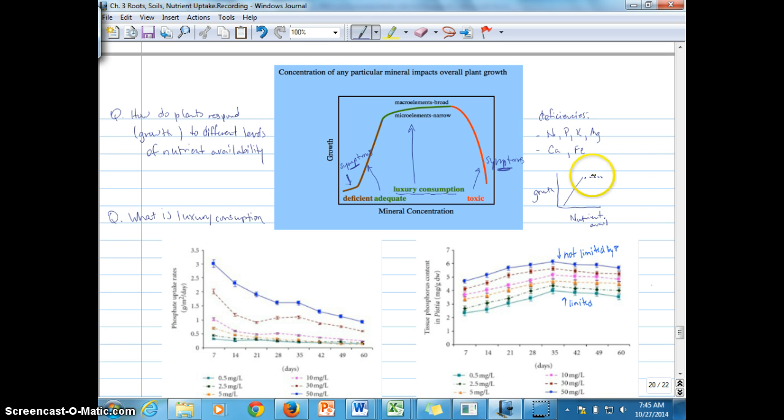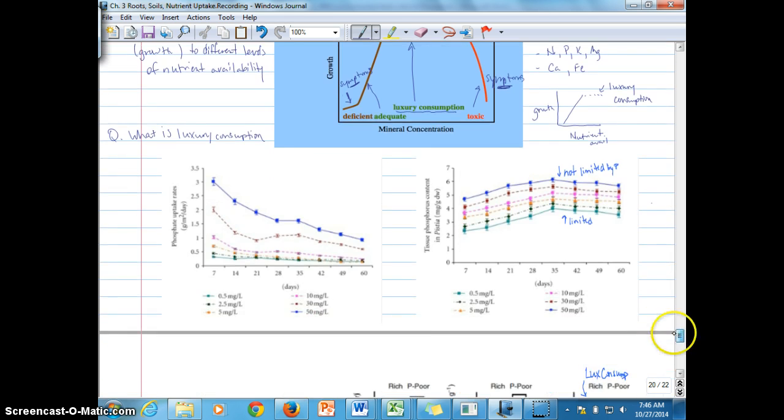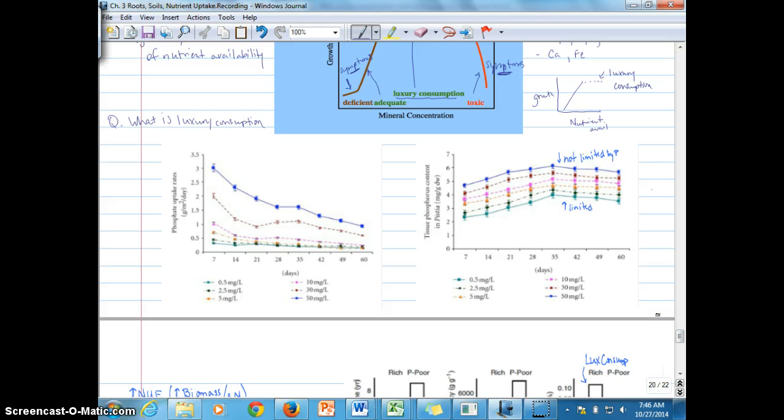At some point it starts to level off, and that's what we refer to as luxury consumption. The plant continues to take up the nutrient, but stores it instead of turning it into growth.